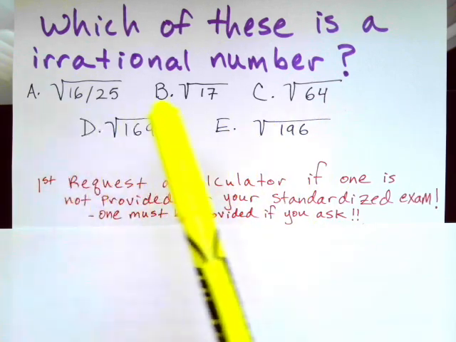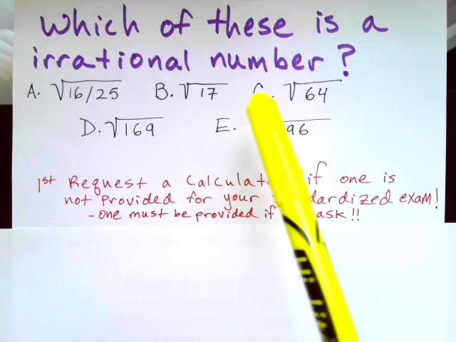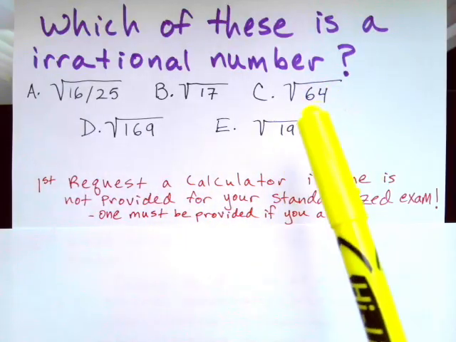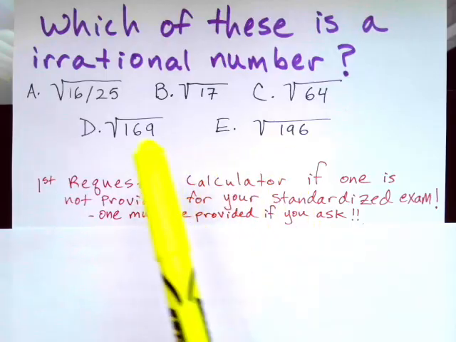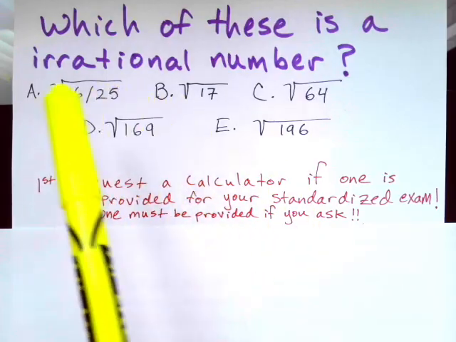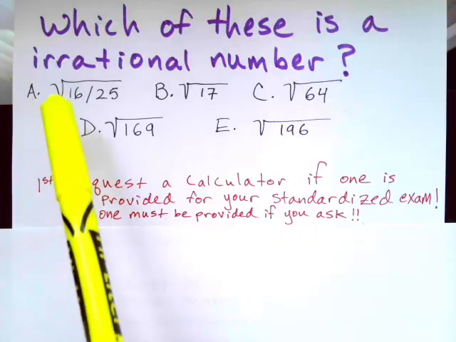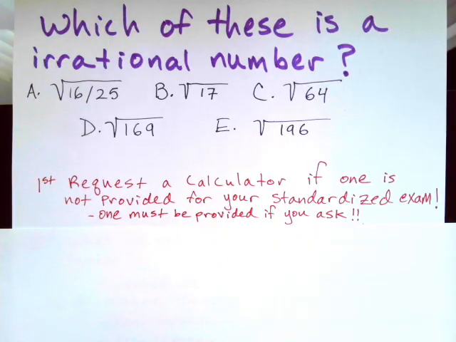So right off the bat, before I even get into answering the question, I can eliminate C, D, and E. They cannot be an option. So now I've got a 50-50 chance, A or B, in guessing the correct answer. So that's what I mean by test taking strategy. I'll be going over this with you, and hopefully that makes sense to you.